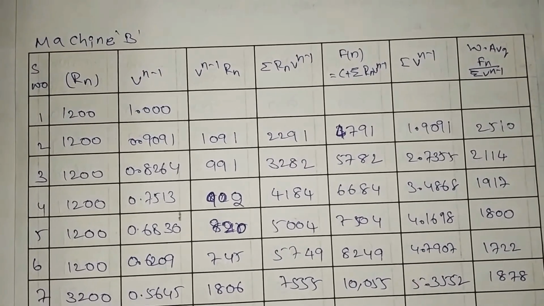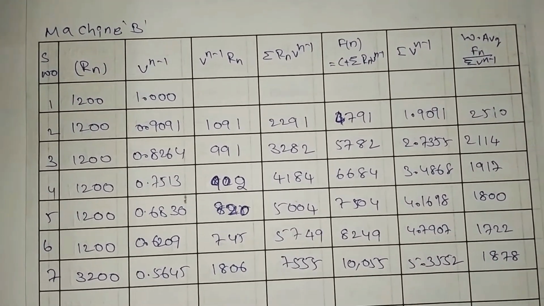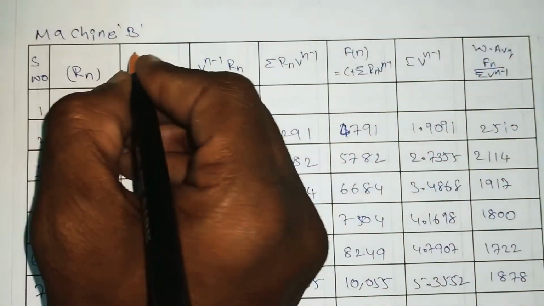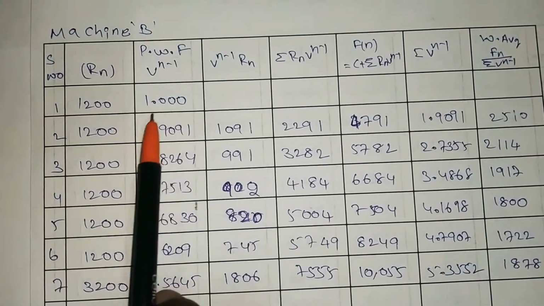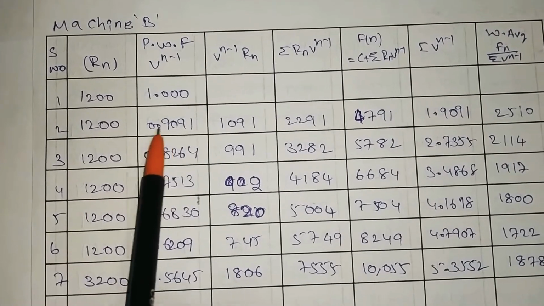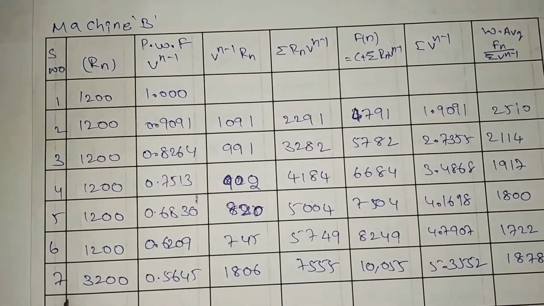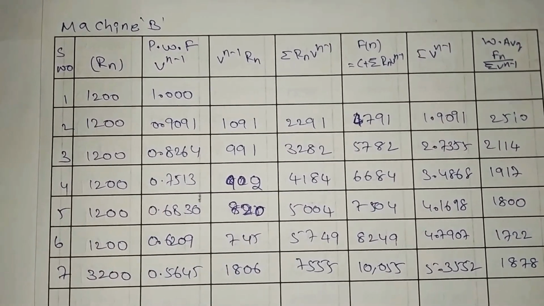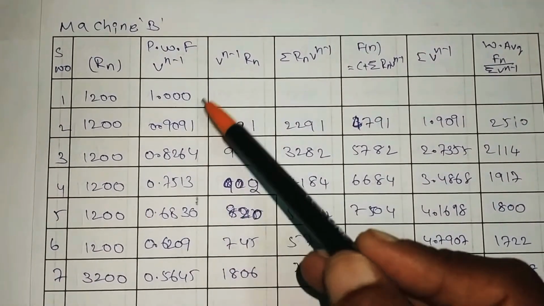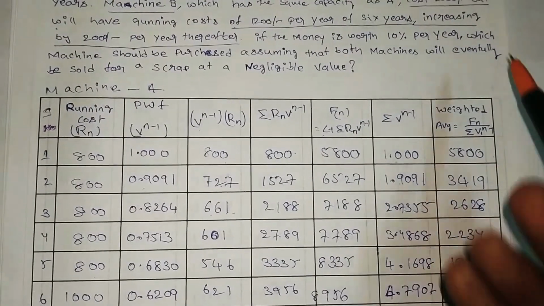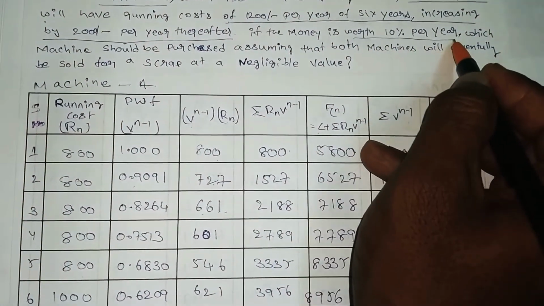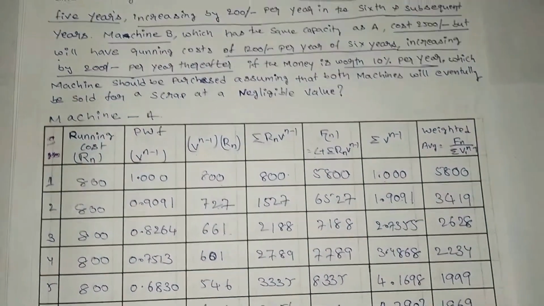Similarly, next V power n minus 1, which means the present worth factor: 1.00, 0.90. Take the values from the previous table. All values are the same because of the 10% rate per year for the same years.